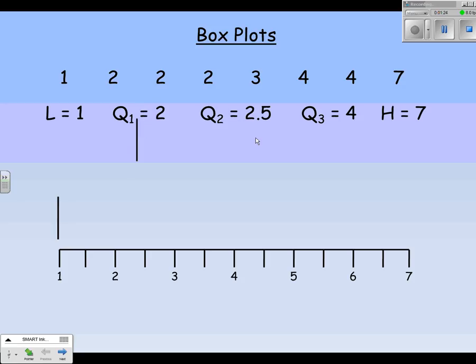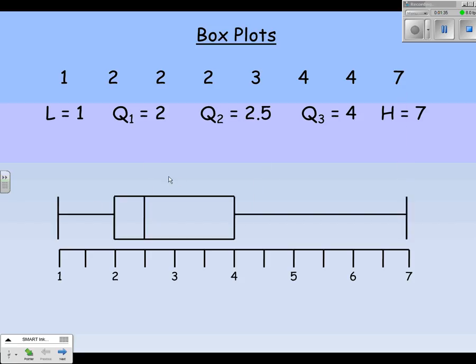So lowest, lower quartile, median, put in that middle line, upper quartile, and the highest value is put on as a line, and then you join it up like so with a box around your quartiles and then these whiskers at the end. Okay, now already you can see much more visual impact about what's actually happening in your data.